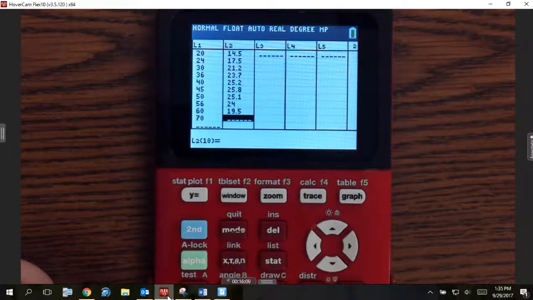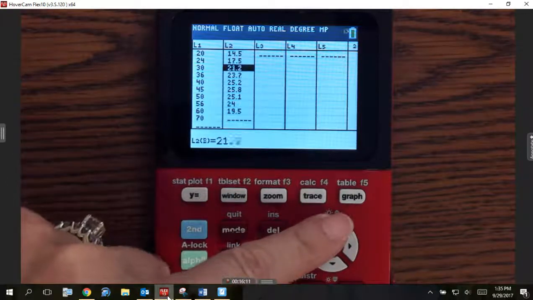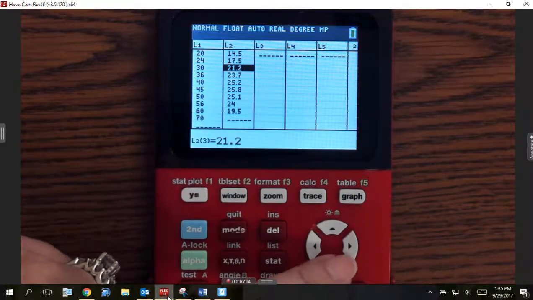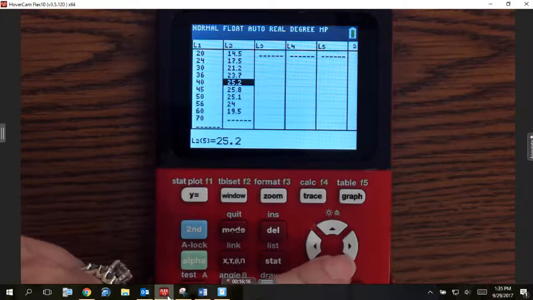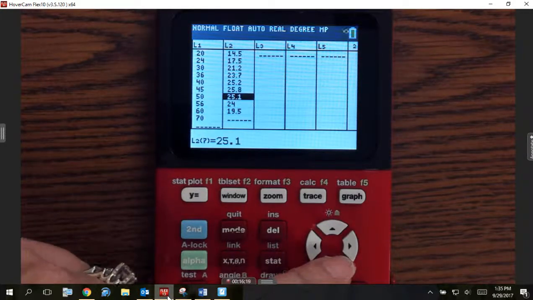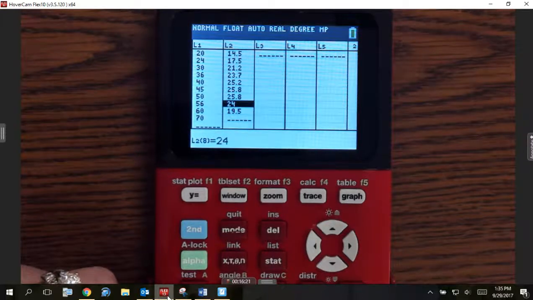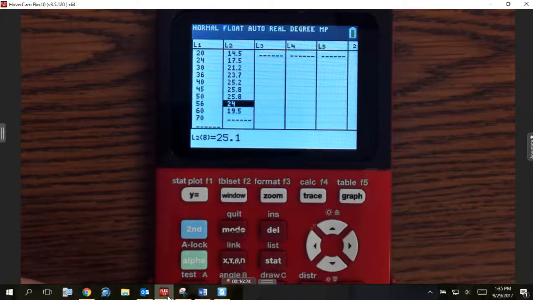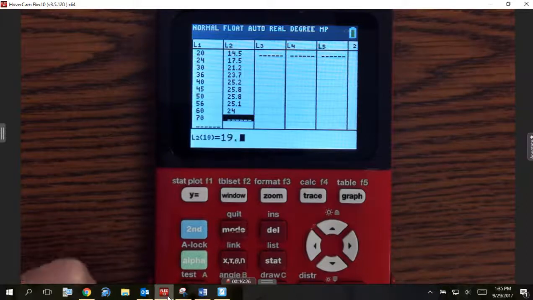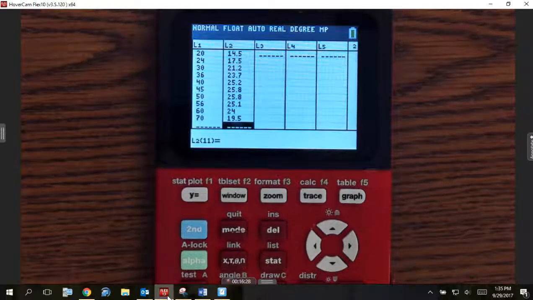Once you get your stuff typed in, go to y equals and make sure there's nothing typed in y equals.